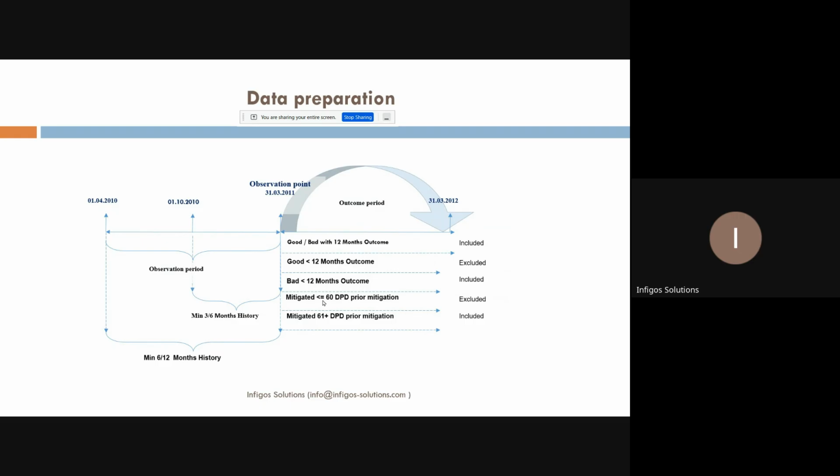Migrated to less than 30, 60-day past due is excluded. Migrated to 61 plus, 3 past due is included. This is one example of what to include in the data and what to exclude from the data. Okay, so I will go deeper into this.